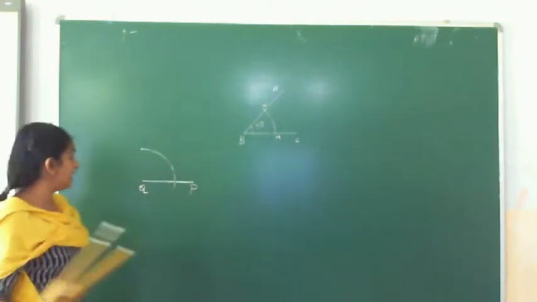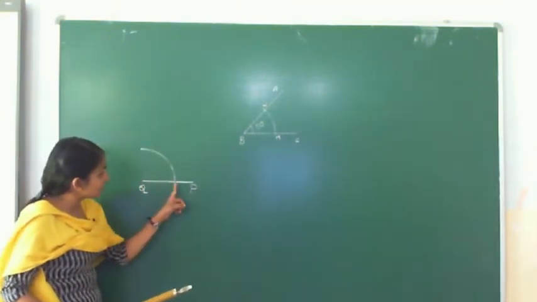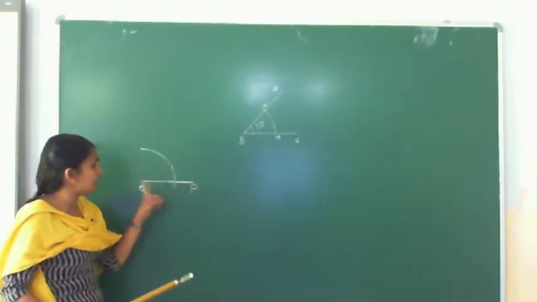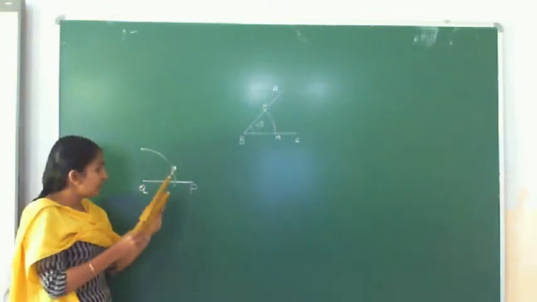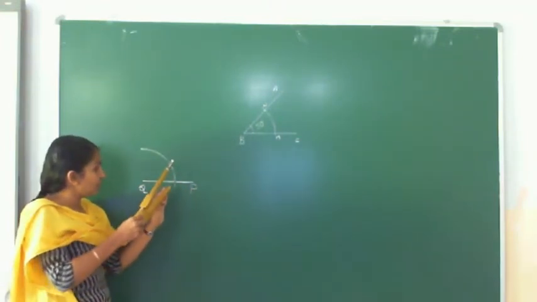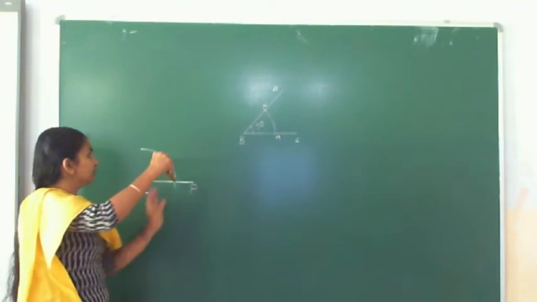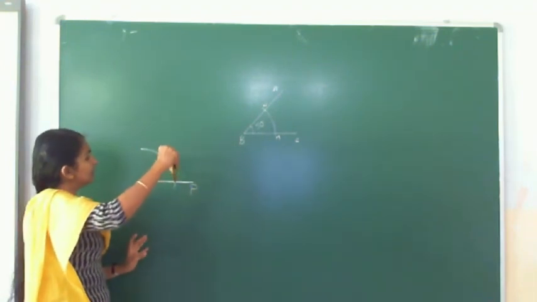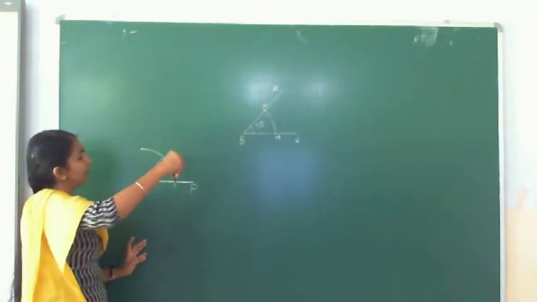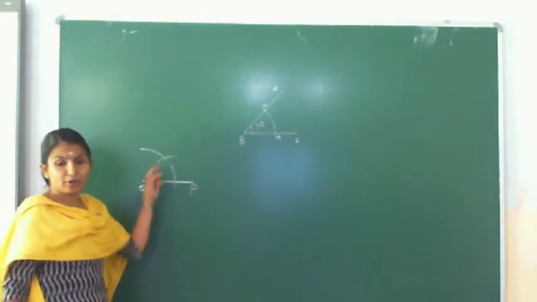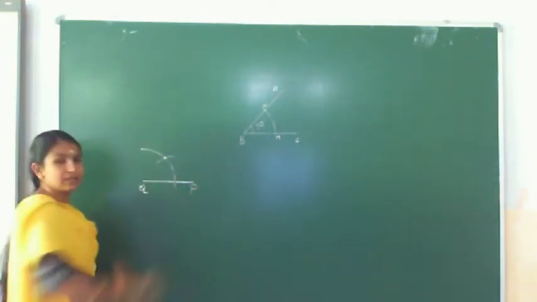With that same radius, keep the compass at the point where this arc touches the line segment, and cut the first arc. So, we got one point, just mark it.